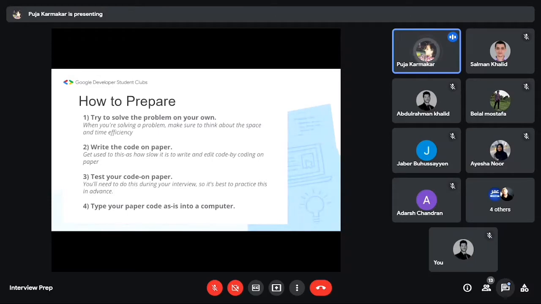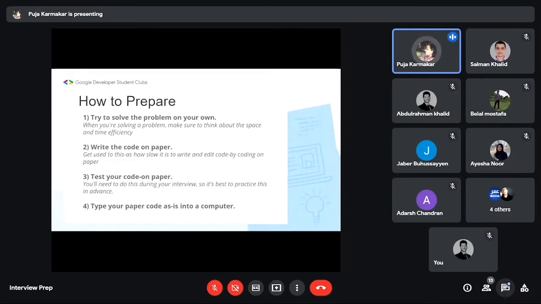And the next thing is test your code on paper. When you write code on paper, make sure to test it at the same time. Make sure that you test the general, base and error cases of any particular code or algorithm. Because in the interview, you have to do it.